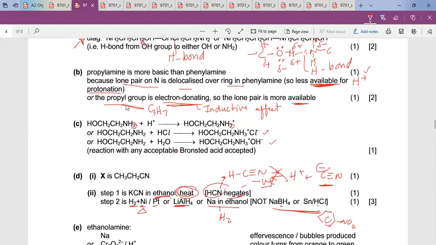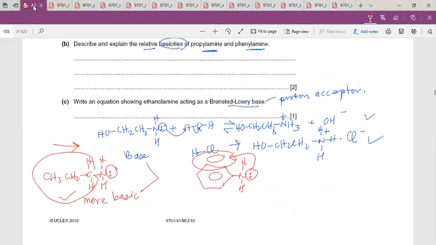Either one, you get 1 mark. Okay. Now there are other questions here which I just shoot off for you. You can go and do them by yourself. I'm going to stop here because of time, I want to talk some more.